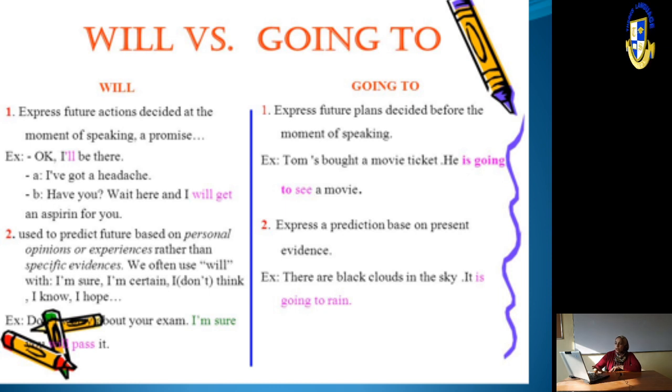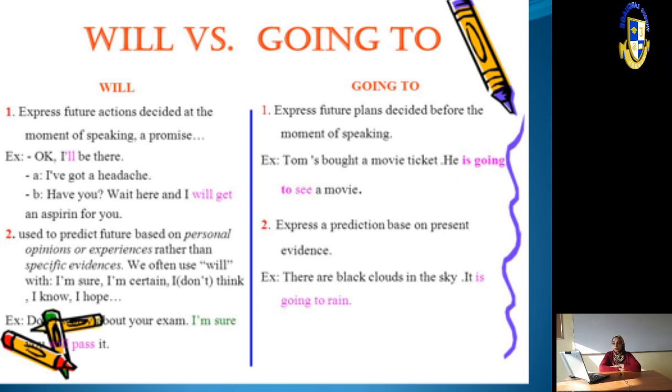Okay. Let's go to going to. Look at the second slide that we have. We have going to, and of course you have to use am or is or are before using going to, then it has to be followed by the main verb. Here, going to expresses future plans decided before the moment of speaking or before the moment of talking.